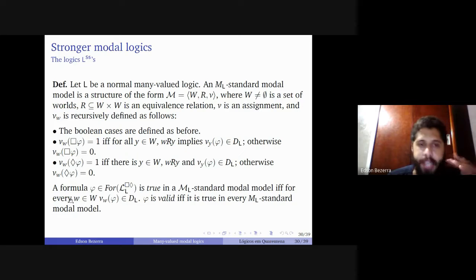Now the box and the diamond are defined for all worlds. So box phi receives 1 in the world W if phi is designated in all worlds accessible to W. The similar definition happens with the diamond formula. If in at least one world phi is designated, it is true; on the contrary, it is false. Truth and validity now are defined for all worlds in the model. So it is basically the definition of normal Kripke semantics applied to the many valued counterparts.